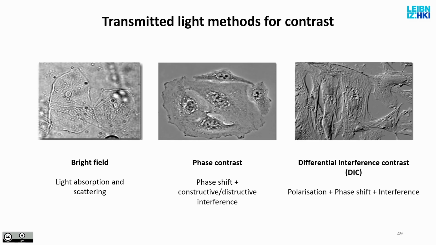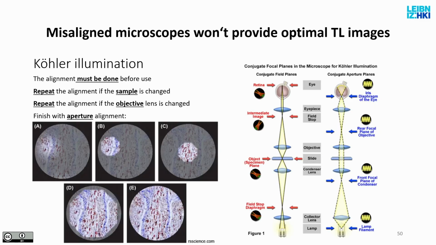In phase contrast microscopy, you basically emphasize the edges of objects, so you will see the membrane very well, and also you will see the membrane of the intracellular compartments. And in differential interference contrast microscopy, you generate contrast from very, very thin samples, which could otherwise not be seen even in bright field microscopy.